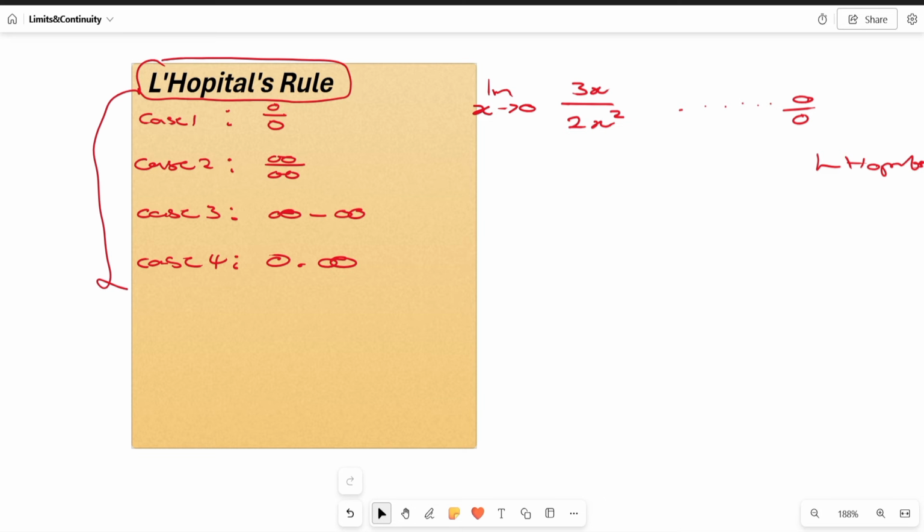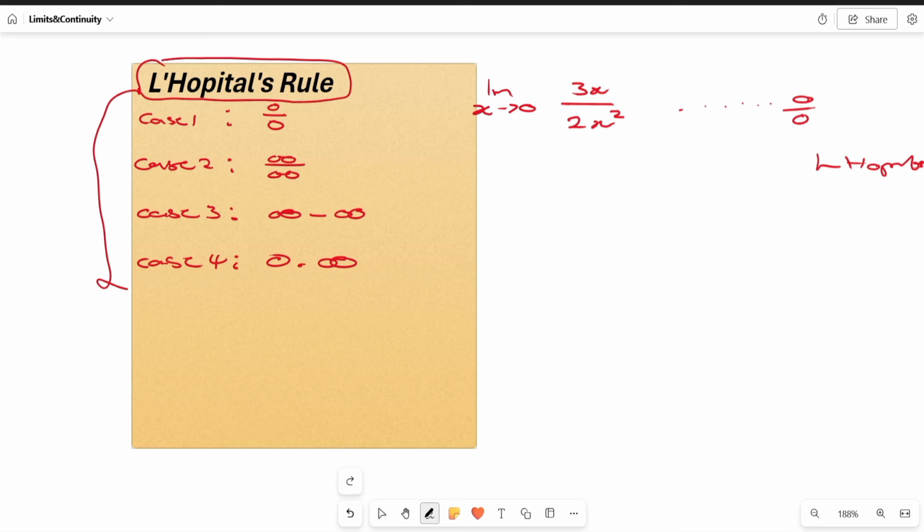If your answer works out, then you are done. But if it doesn't, that means you derive again. You keep on deriving until it works out. Case 4 and case number 3 can be written as fractions. We will get to that.